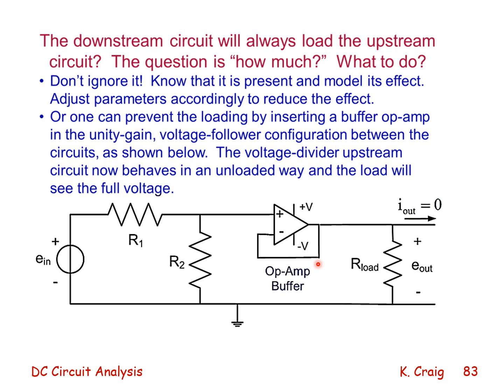The reason is that the buffer op amp has infinite input impedance and zero output impedance in the ideal situation. And the ideal situation is very, very close to the real situation for the buffer op amp used within its capabilities.